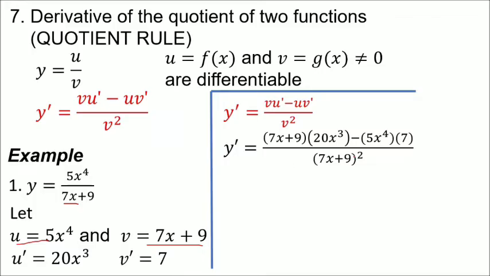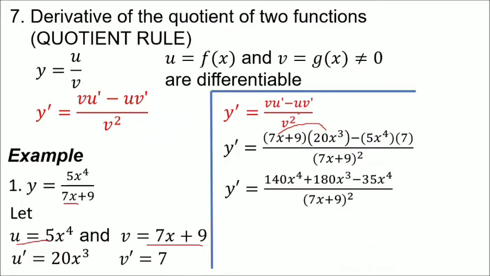And then all over, you just square the denominator, or the v, 7x plus 9 square, and then simplify. So, simplify natin, we multiply this, 7x times 20x to the cube, magiging 140x to the 4. And then next, 9 times 20x is 180x cubed.